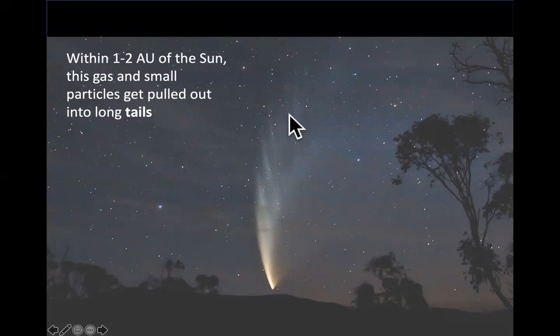These tails are truly enormous structures. There isn't much material in this. This is all stuff from a few kilometer wide object, but it's stretching over distances comparable to the distance between the Earth and the sun.